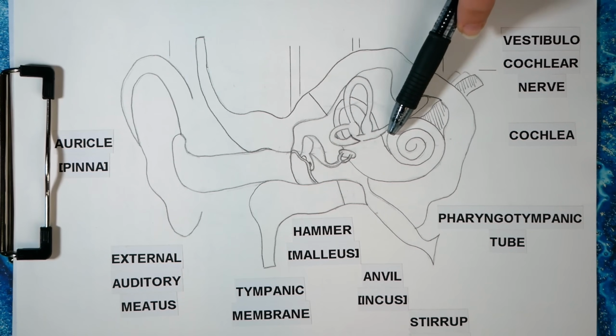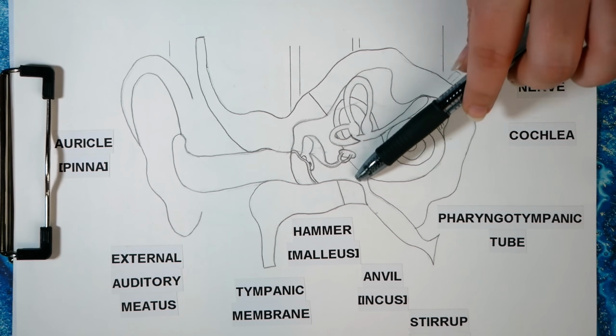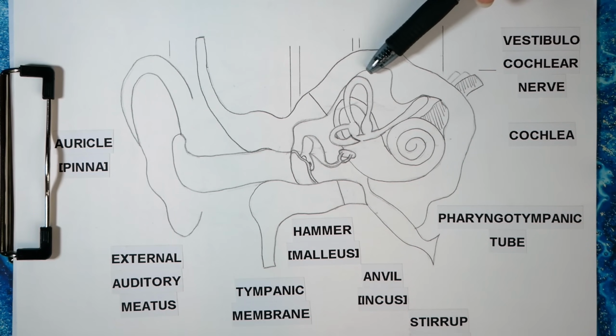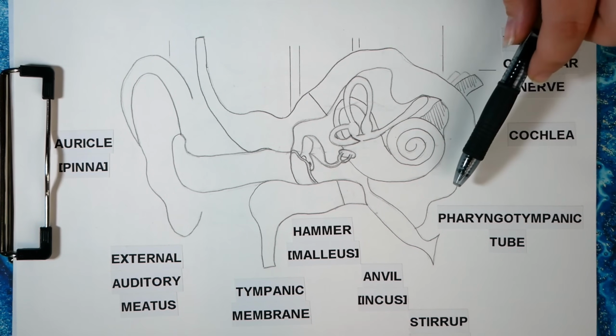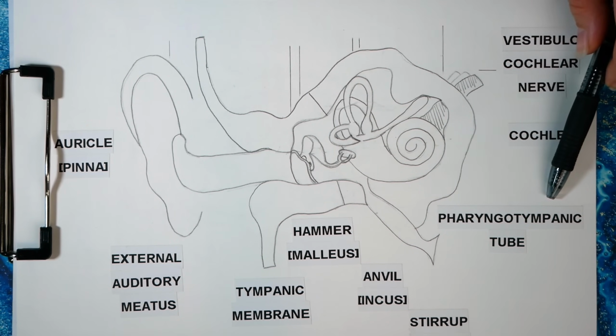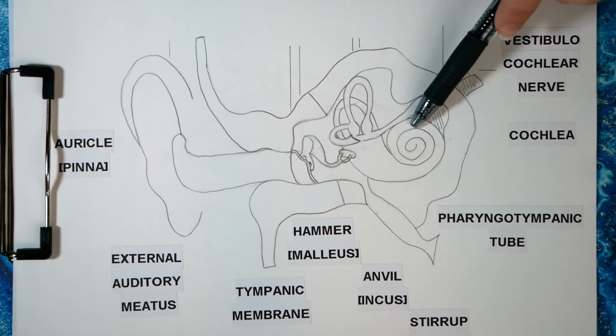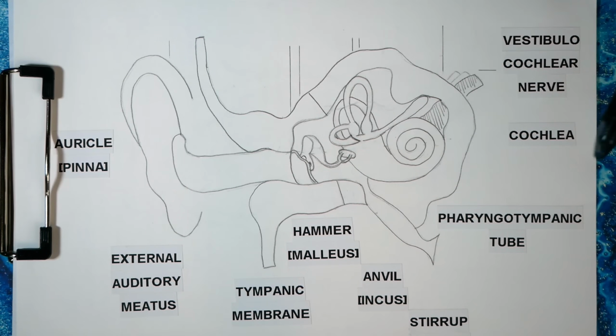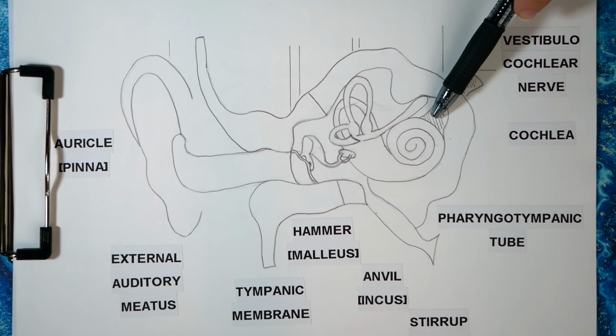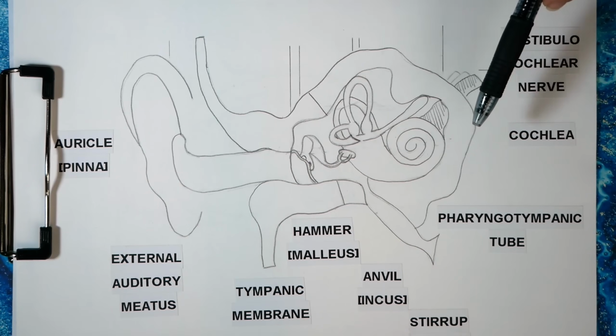And then we travel to the inner ear, where we have structures like the pharyngotympanic tube, the cochlea, right in here, this snail-like structure, and the vestibulocochlear nerve, one of our cranial nerves.